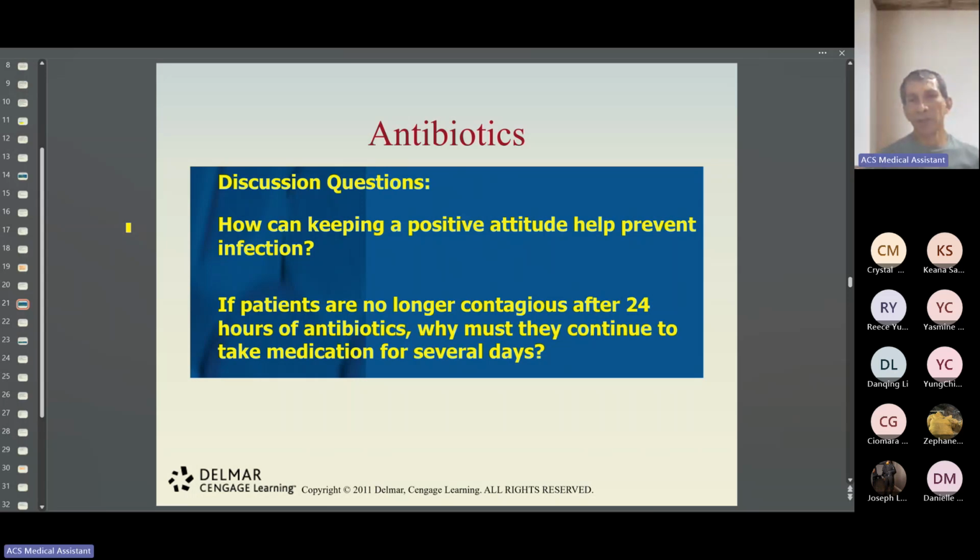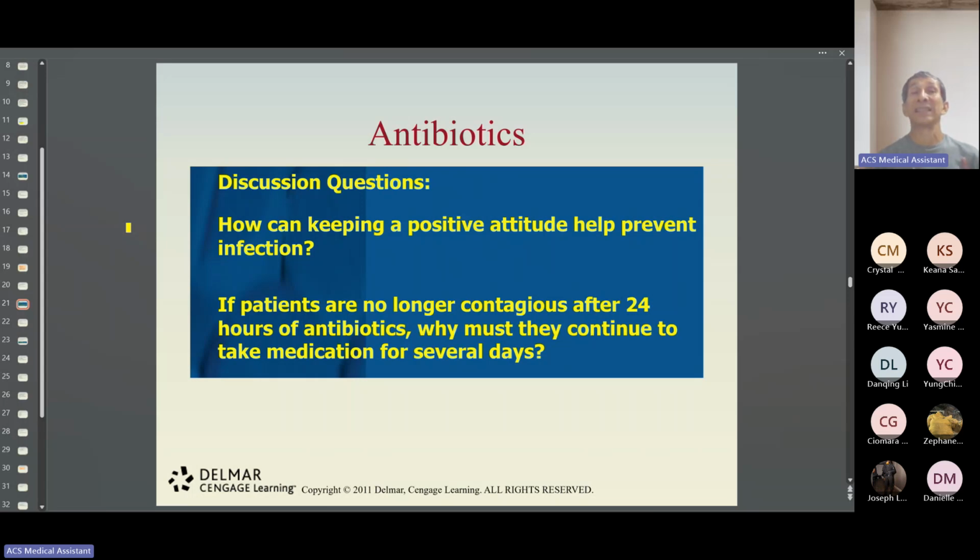It says right here, patients are no longer contagious after 24 hours of antibiotics. Why must they continue to take medications for several days? Well, you might not be contagious because you inhibit these microorganisms. In the first 24 to 72 hours, the medication is already taking control of the microorganism.